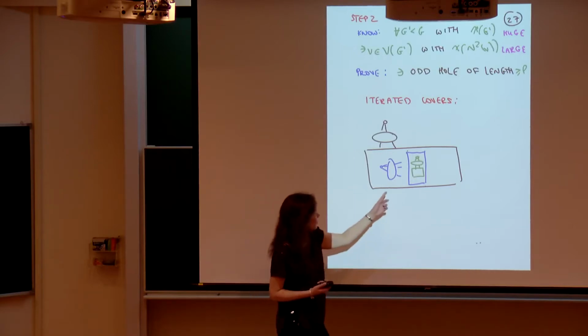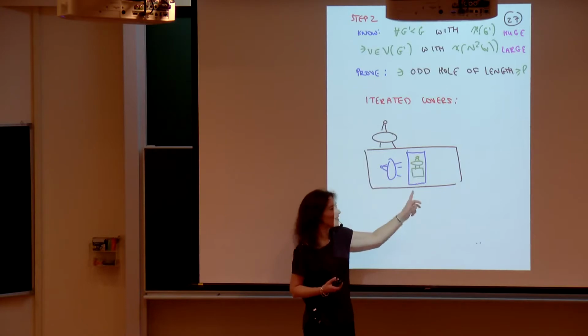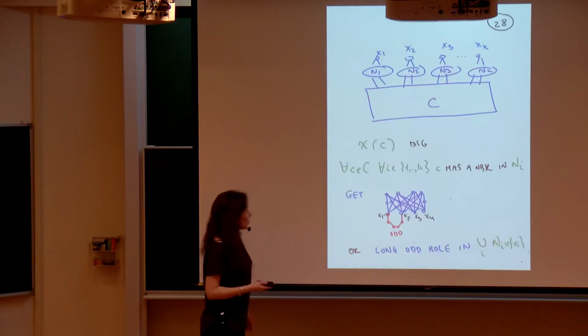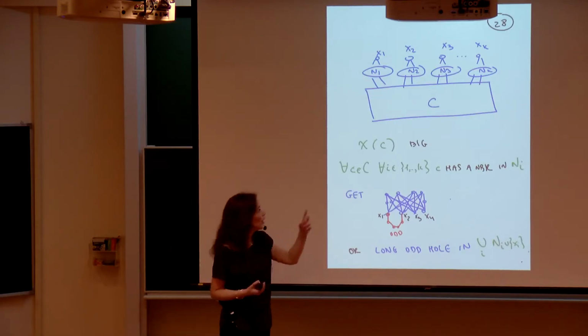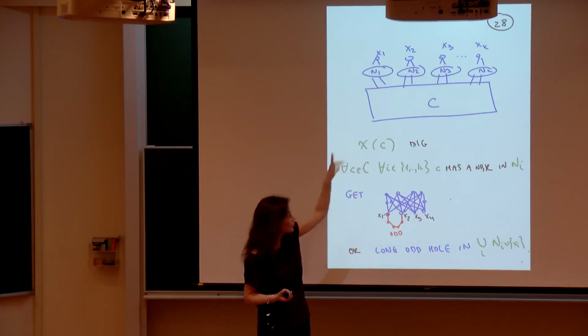Now, what about those guys? They're in his second neighborhood and in his second neighborhood and in his second neighborhood. And what you get is, if you do it constantly many times, you have a high chi subgraph, and it's in the second neighborhood of many people.